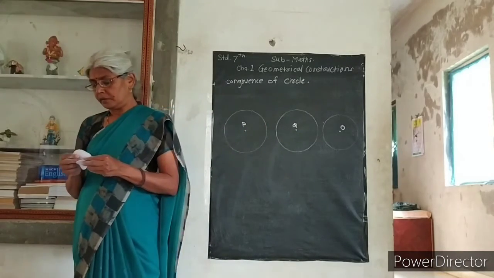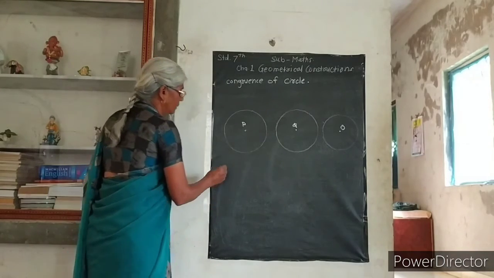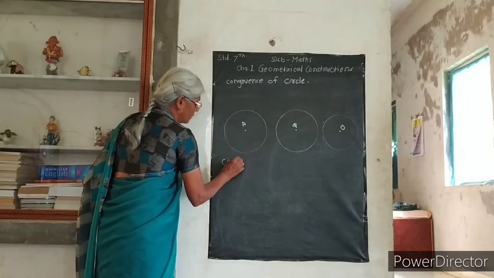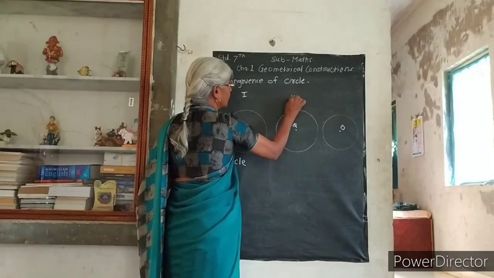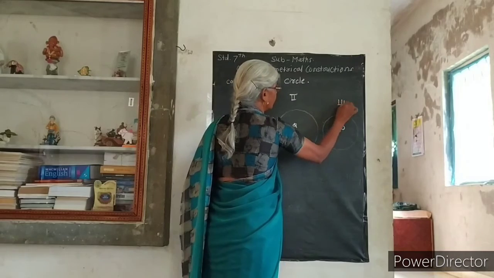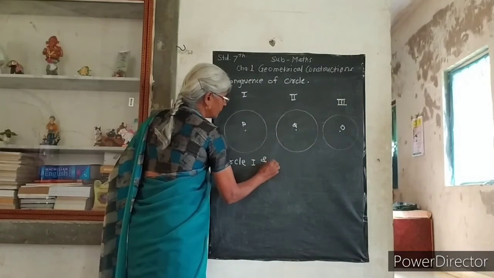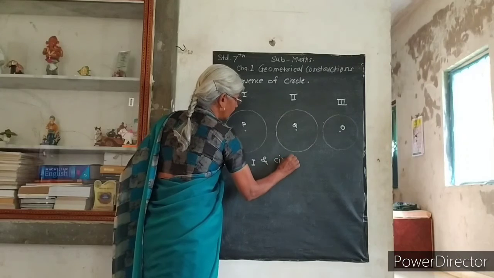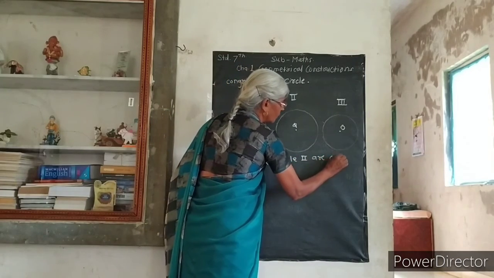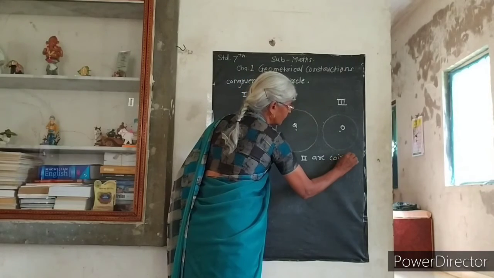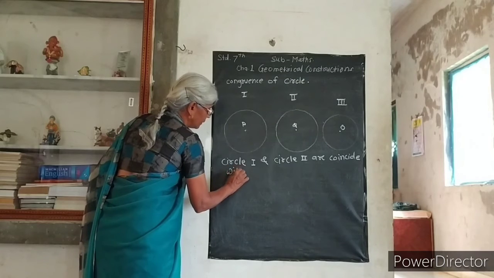Suppose they are first, second and third. Then circle 1 and circle 2 coincide with each other.